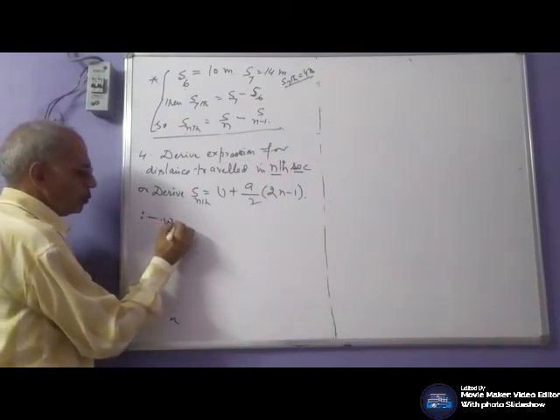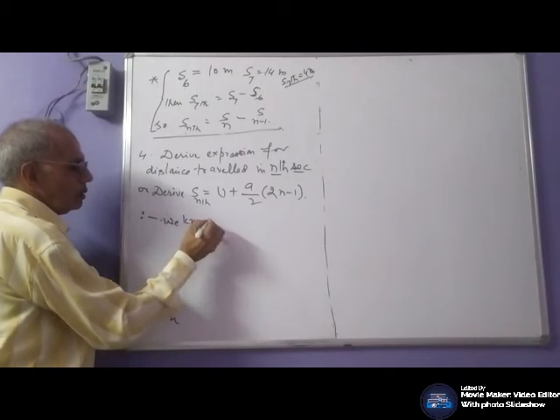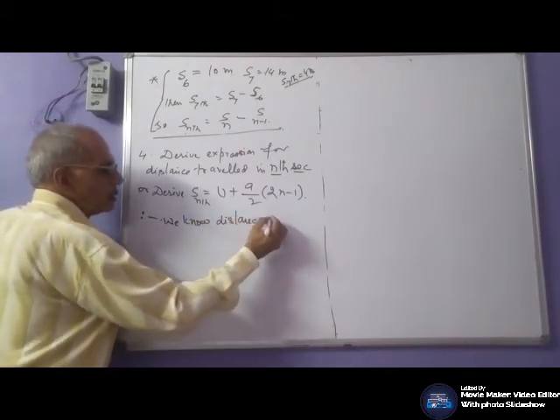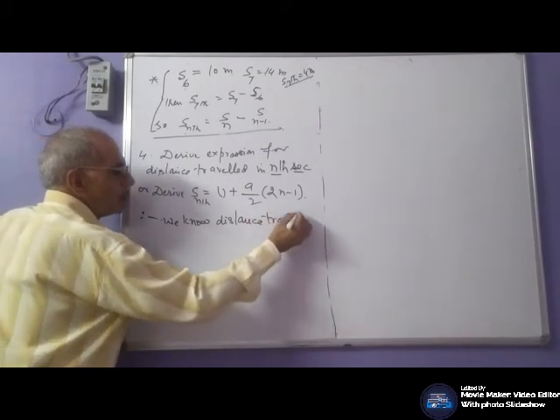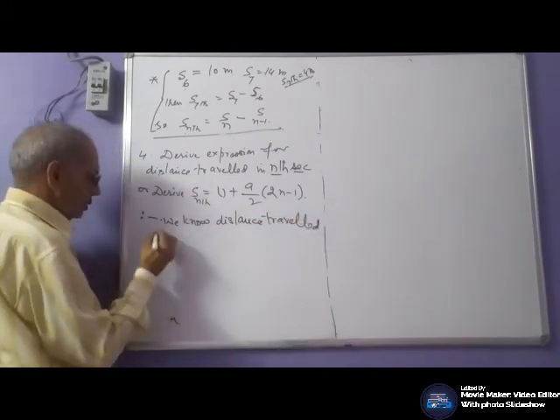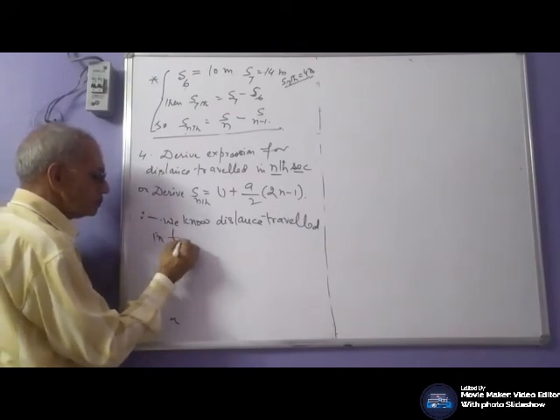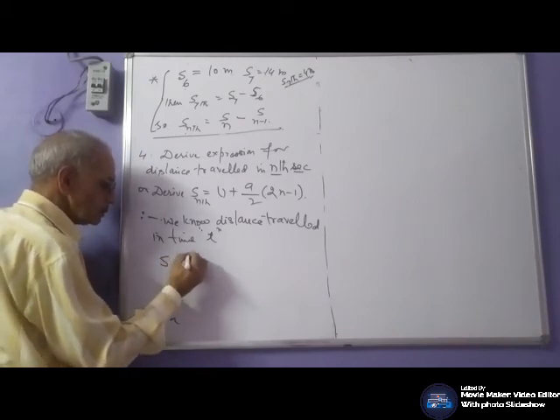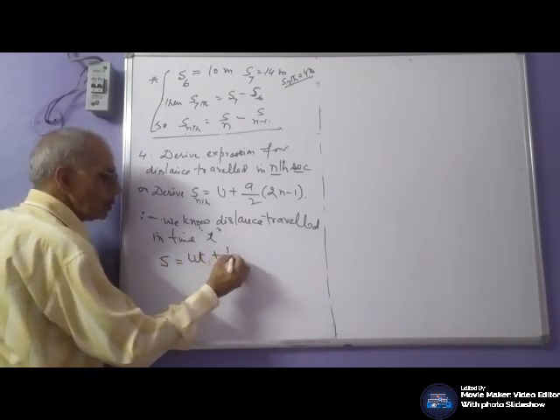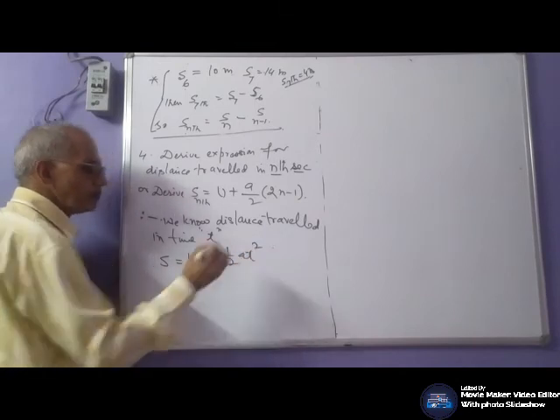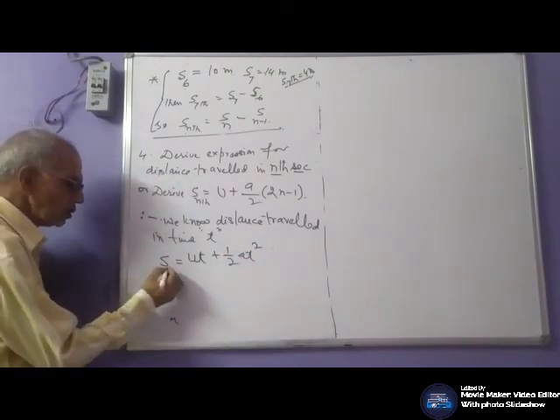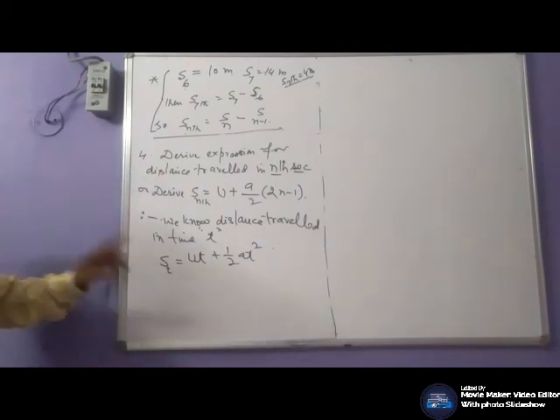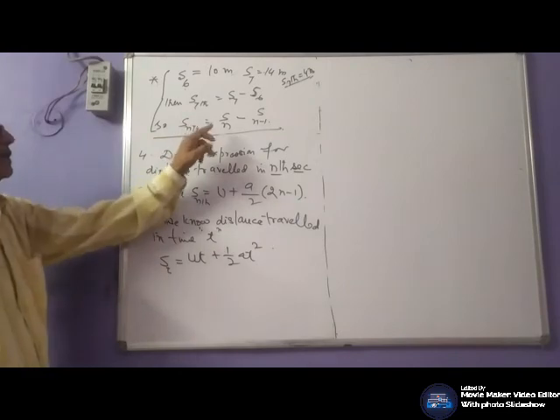We know distance traveled in time t, s equals ut plus half a t square. A small t लिख दो यहाँ एक. This will be what? Distance traveled in time t. What I need?